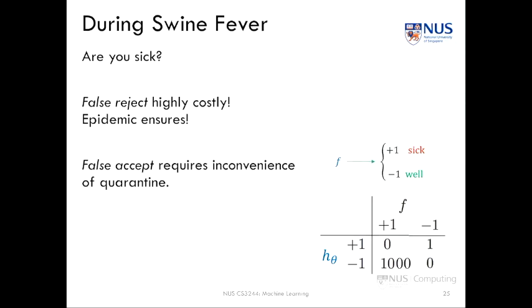If the classifier incorrectly tells you you're well, but you were actually sick, you are let out of the clinic and you can go on your way and infect many people, causing an epidemic. On the other hand, if you're well and the classifier incorrectly predicts that you're sick, well, that's not so great. You're going to be quarantined for a while, just like if you come out of the airplane and you're sick. It's going to require some inconvenience, but at least you don't get the whole population sick.